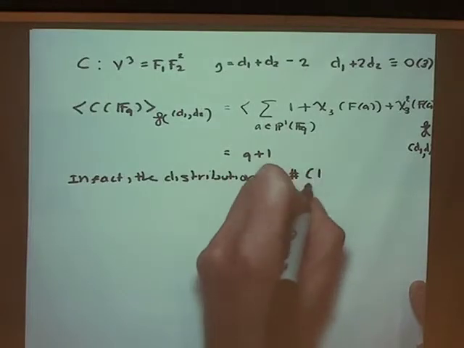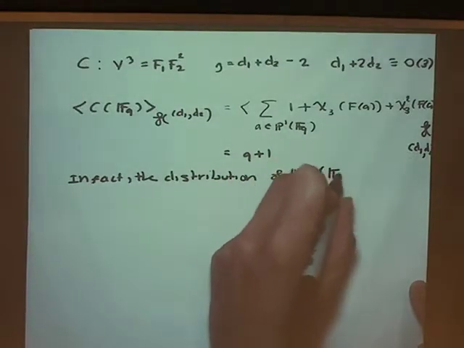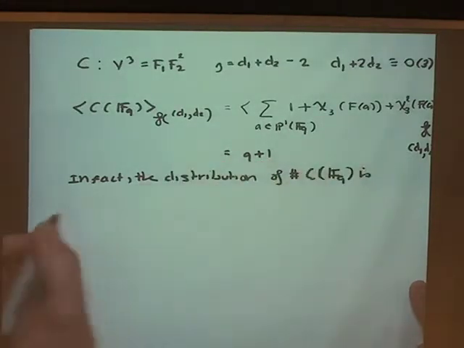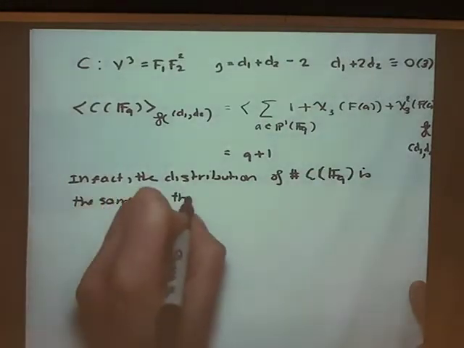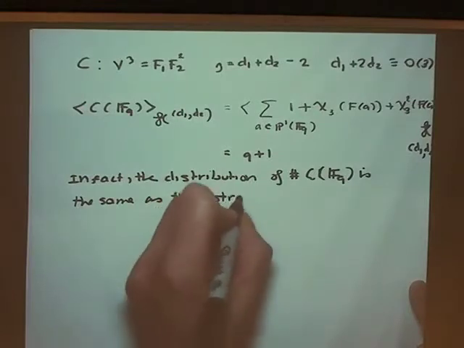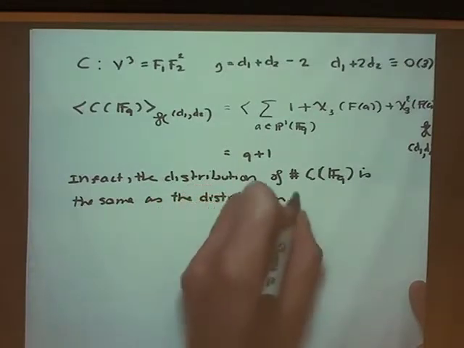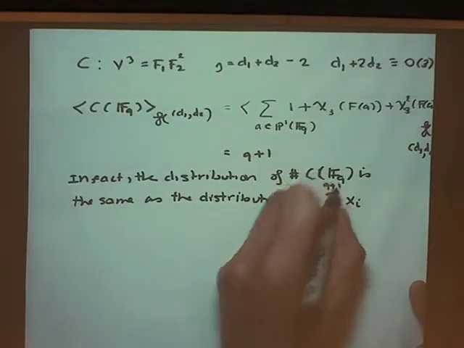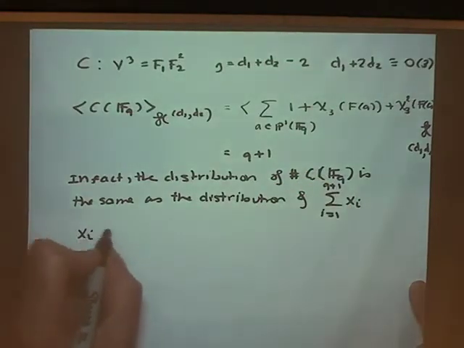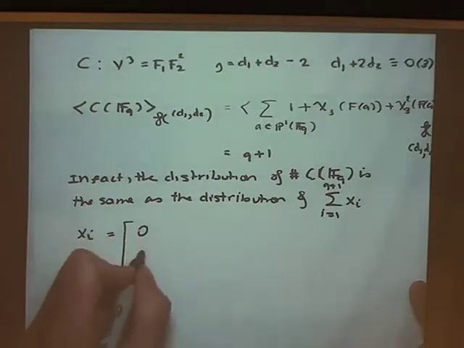So we didn't just compute the average. We showed that the distribution of the number of points is the same as the distribution of the sum of those random variables, where the xi, those random variables, were taking values 0, 1, 3.